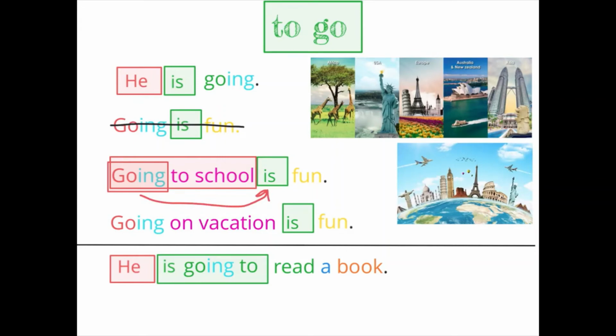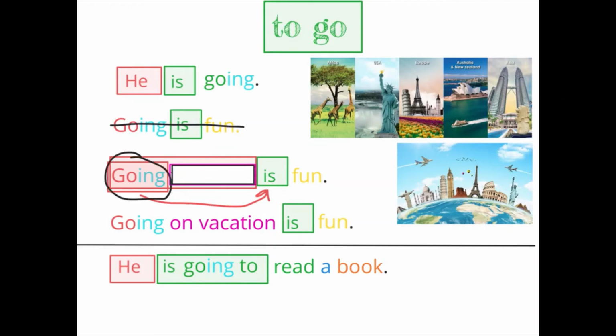We can also see here, this one's a little bit easier because we can say, well, to is a preposition, which means school is the object of the preposition, and when we have a prepositional phrase in the subject, we can kind of cover that up for a minute, and then that will help us find the word that we're looking for, which is this one.